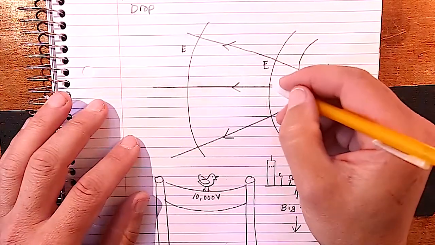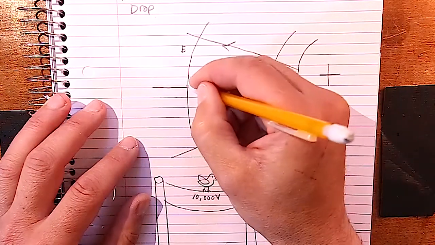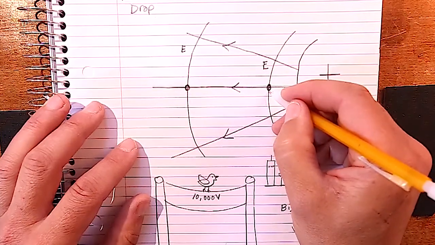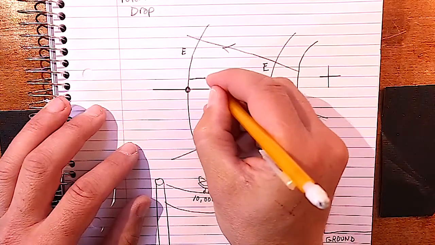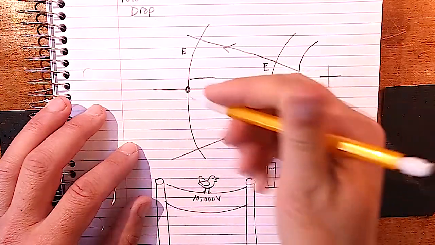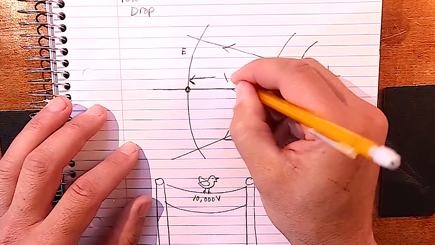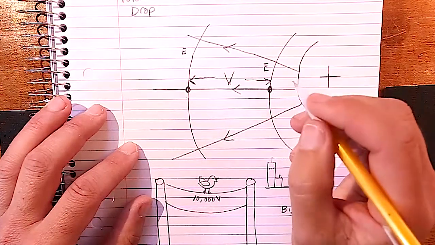So what we say is that the electric potential from here to here changes. So we have a high electric potential and a low electric potential. And the difference between these electric potentials is called the electric potential difference, and that's what voltage is.